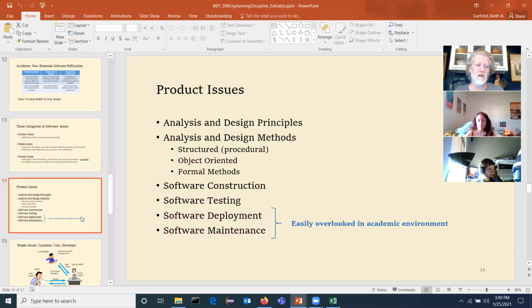And very likely, a lot of you are going to get jobs, not where you're developing brand new software. Most people, when you go to get a real paying job, get a job working on software that has already been developed and built, and you're either maintaining it, or extending it, or maintaining it by adapting it to a new environment or extending it to do a new thing.